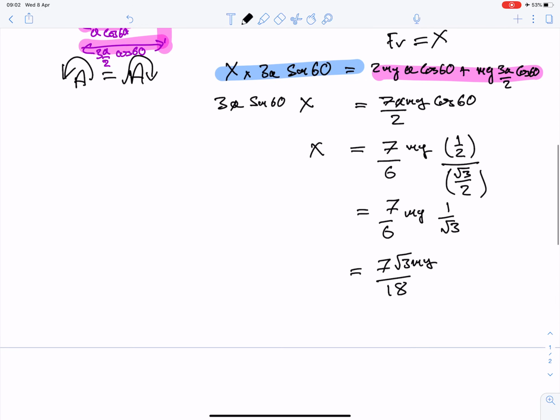Cos of 60, sorry, cos of 60 is a half. Sine of 60 is root 3 over 2.